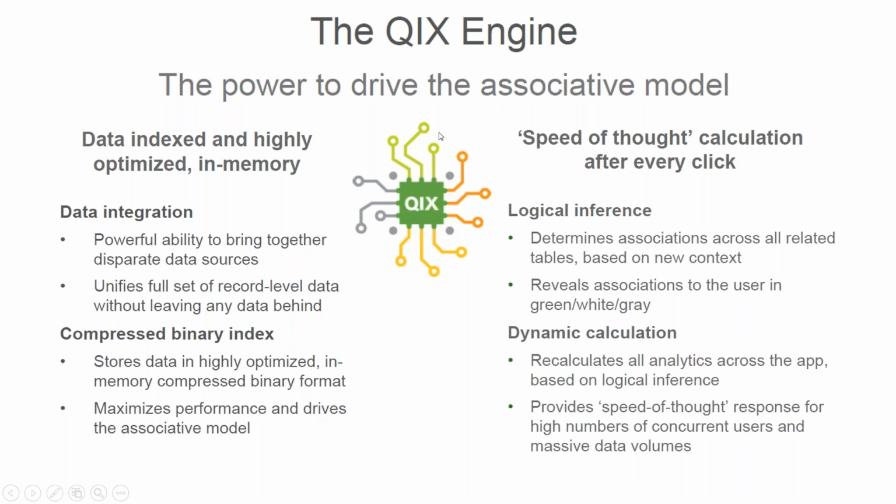This engine is the same for both QlikView and Qlik Sense, so that's the reason your scripting is the same in both tools. From QlikView 12 version onwards, QlikView and Qlik Sense share the same engine.